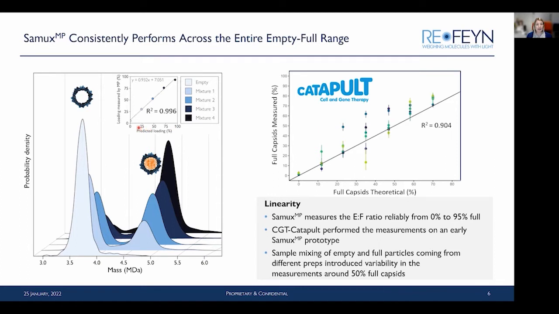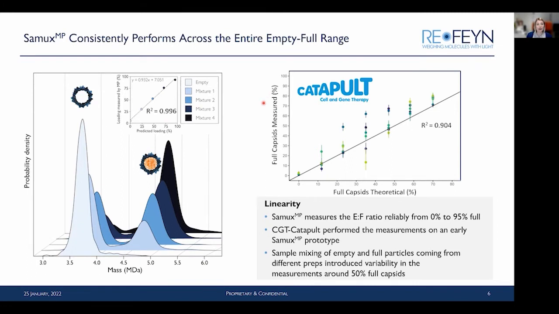And you can see that we could measure the loading rate with a very high correlation of 0.996, showing that we can reliably measure throughout the entire range.